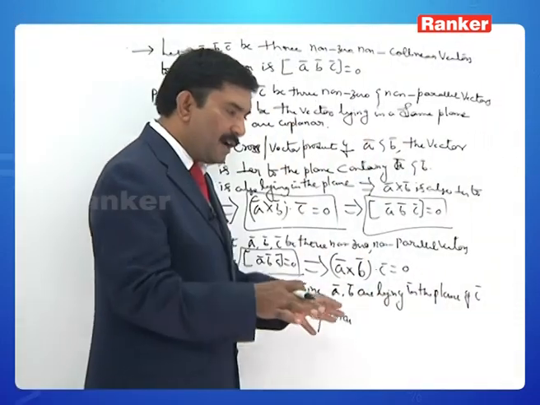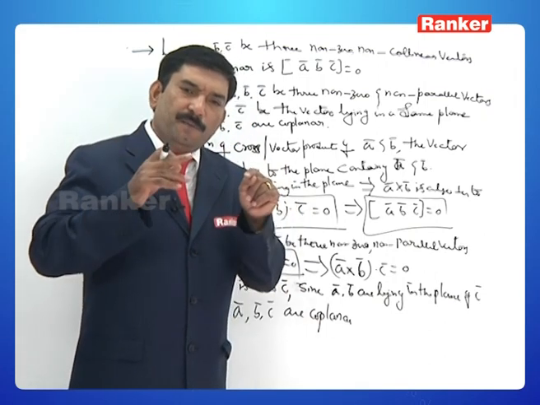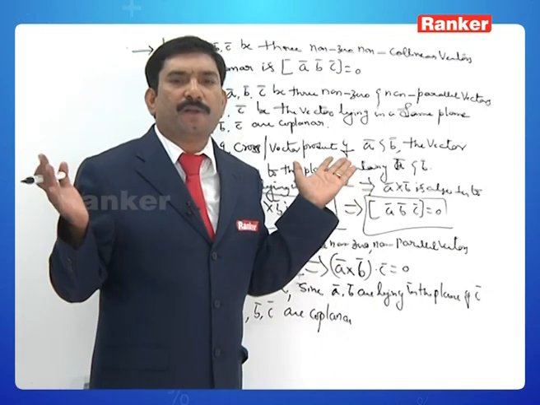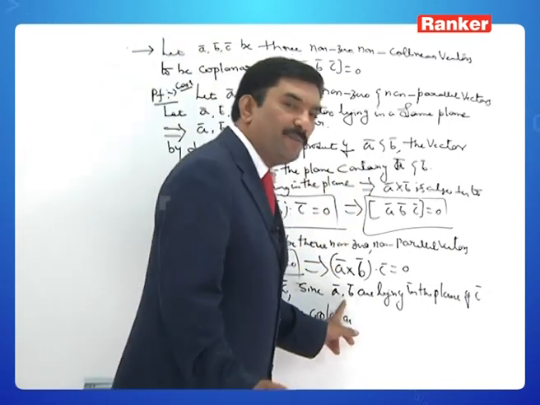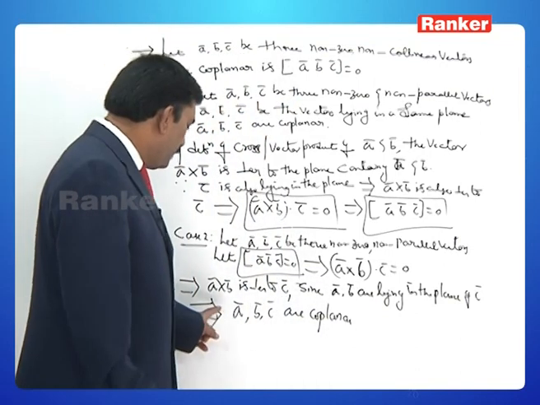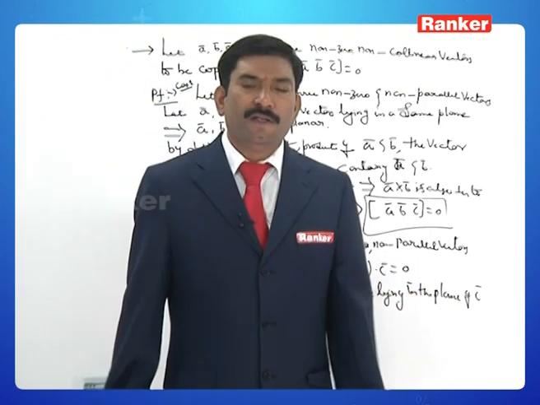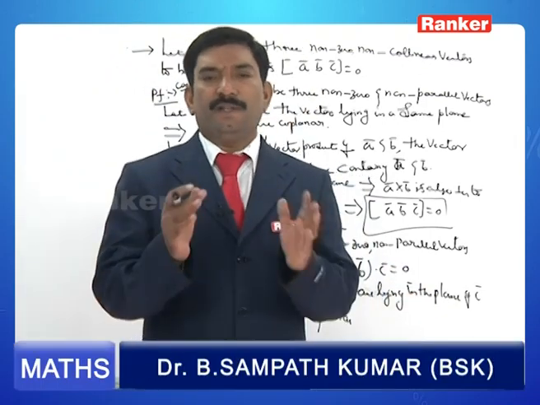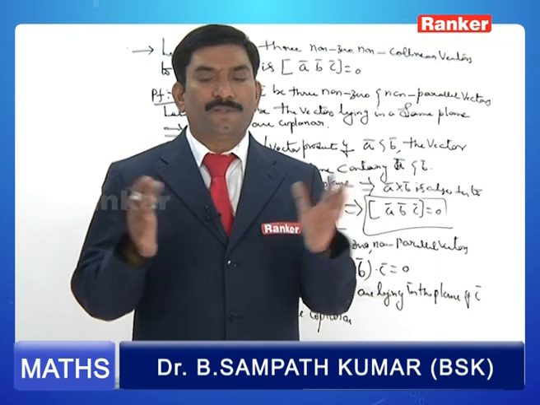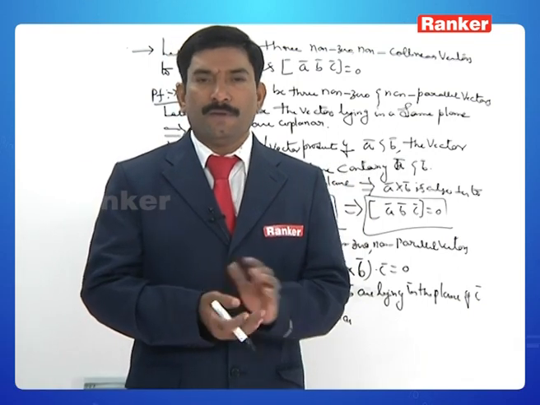It explains that when A cross B is perpendicular to C bar, A bar cross B bar is also perpendicular to A bar and B bar. That's the meaning of this. So which implies A bar, B bar, C bar are coplanar. Hence, the necessary and sufficient condition for any three vectors to be coplanar is box of A bar, B bar, C bar is equal to 0.